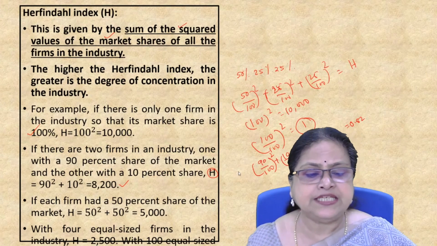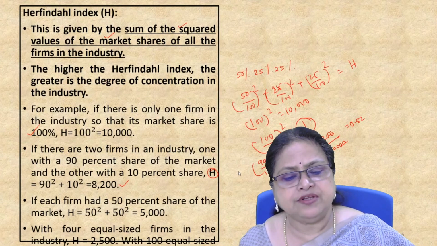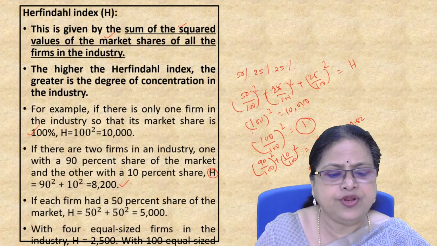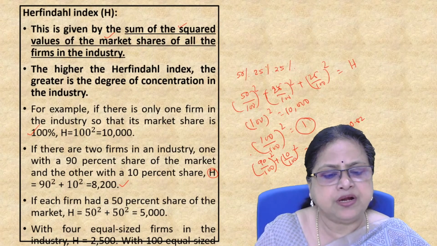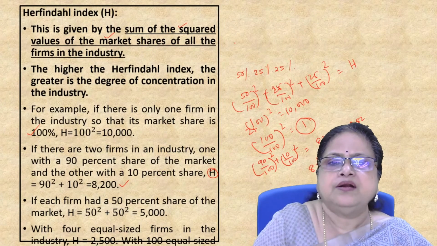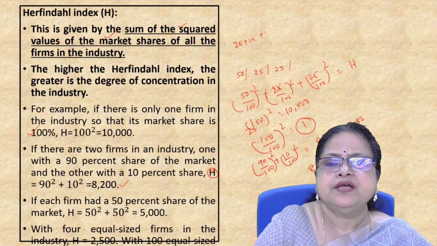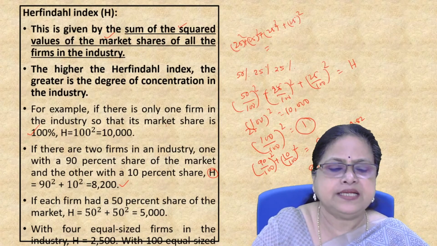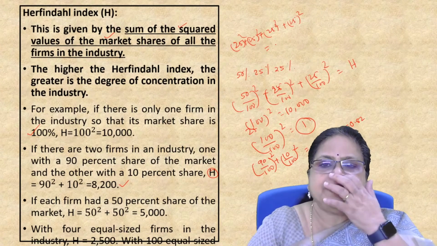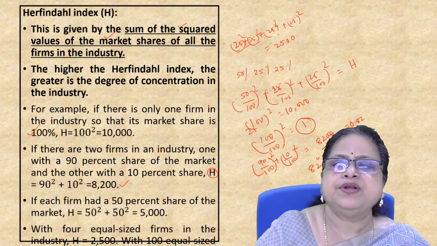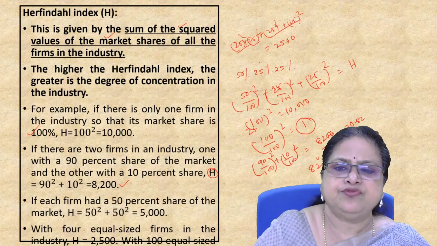Now suppose there are 4 equal sized firms in the industry with 25% each. That is 25 squared plus 25 squared plus 25 squared plus 25 squared, which will come to 2500. Look at this, 625, 625, 1250, that is 2500.